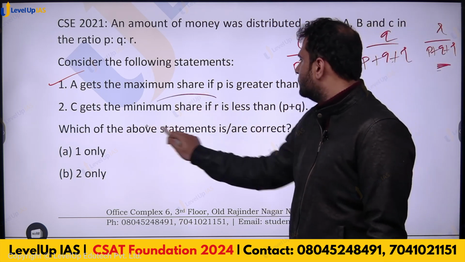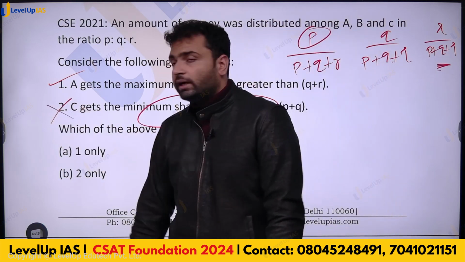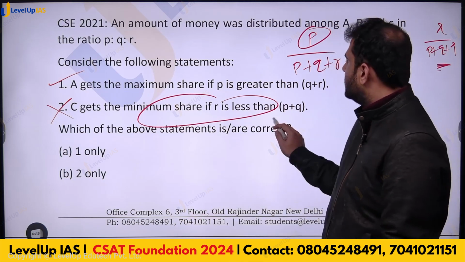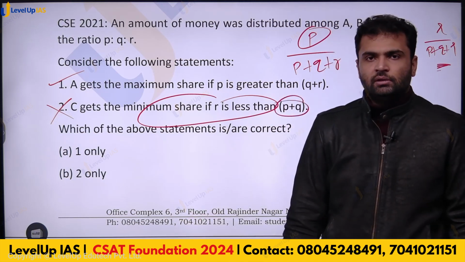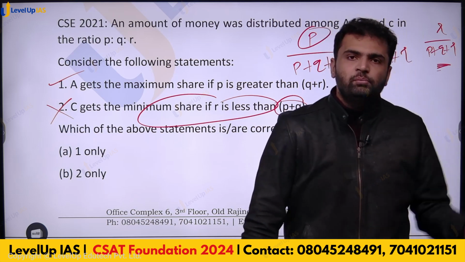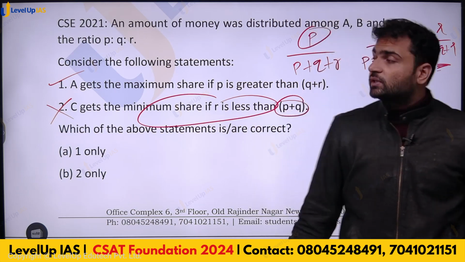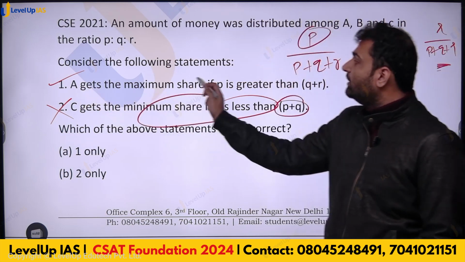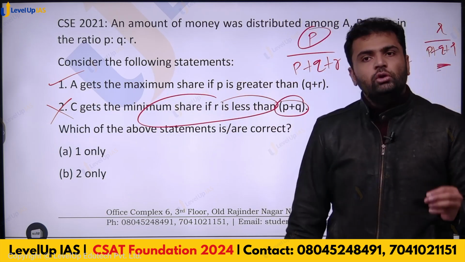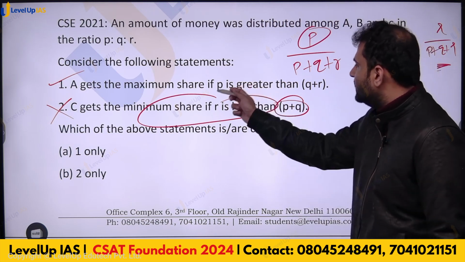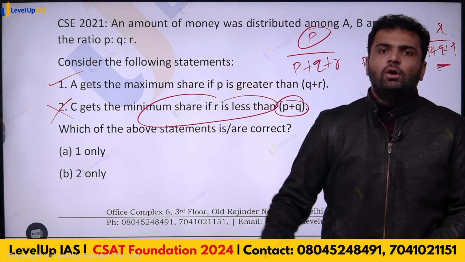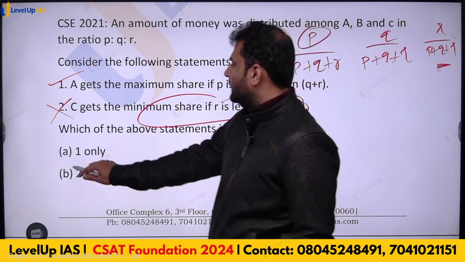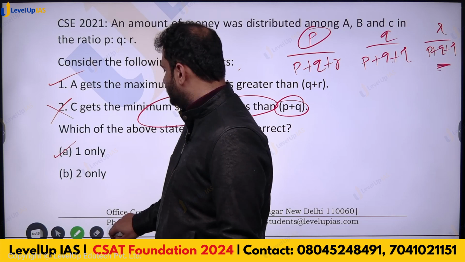So this statement is not correct. It is very much possible that R gets maximum share even if R is less than P plus Q. R has to be less than individually P and Q for person C to get minimum share, and A will get maximum if P is greater than both Q and R. But if P is greater than Q plus R itself, then automatically P is greater than Q and P is greater than R. That is why this statement is correct. Answer would be A.